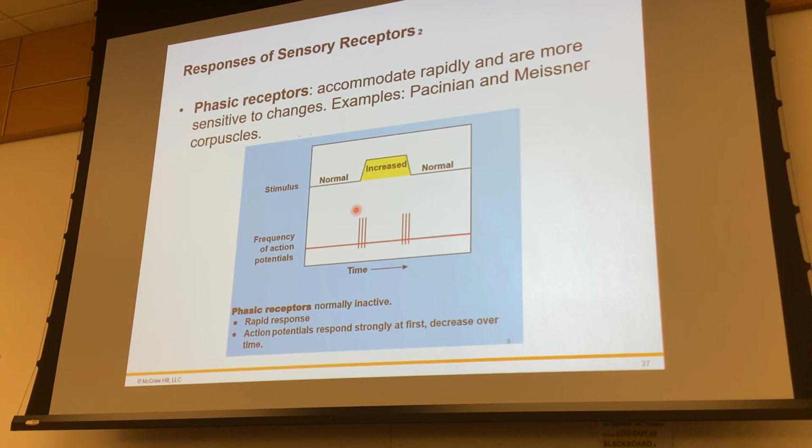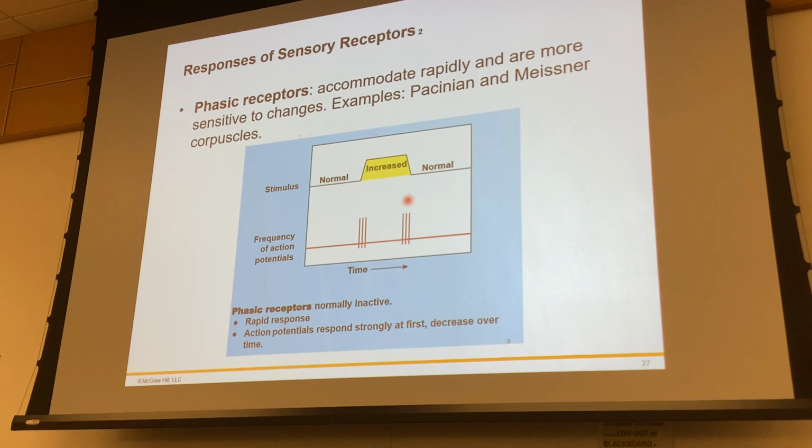So we're talking about phasic receptors. Look at the change in sensitivity. When there's an increase, action potentials send signals, and then there's a stabilization of the pressure or stimulus, and the action potentials go down. Then when the stimulus or pressure decreases, those changes respond again.